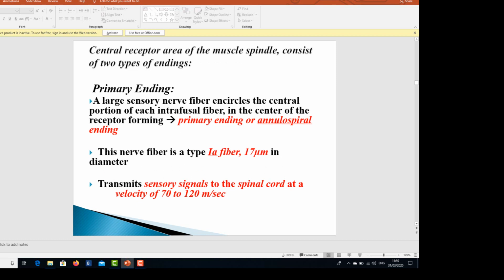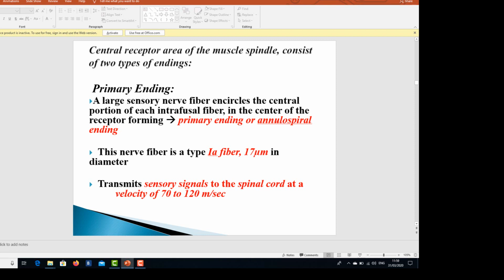Now, the central receptor area of the muscle spindle consists of two types of endings, which are primary endings and secondary endings. Now, primary endings, what are they? A large sensory nerve fiber encircling the central portion of each intrafusal fiber in the center of the receptor.